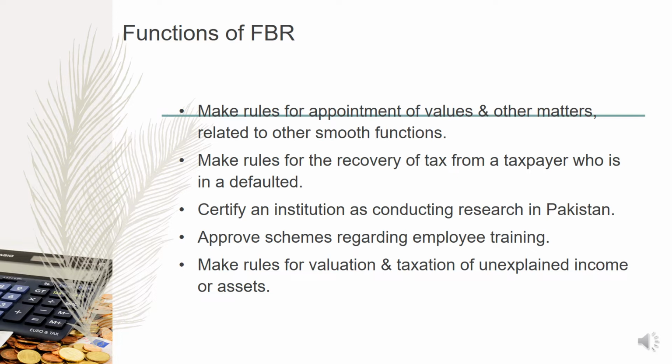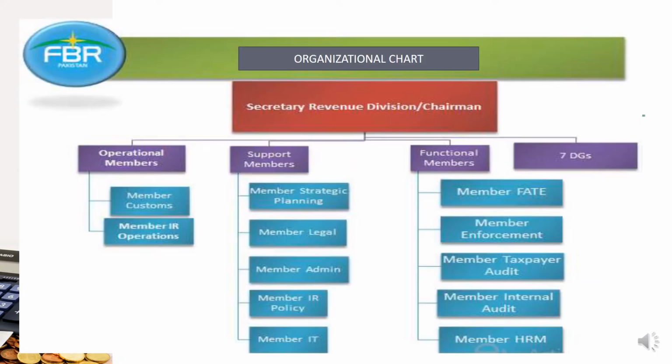They certify those institutions which are conducting research in Pakistan, and approve schemes regarding employee training. They make rules for valuation and taxation of unexplained income or assets, the valuation of those assets which could not be measured by certain authorities. These rules are again made by FBR.